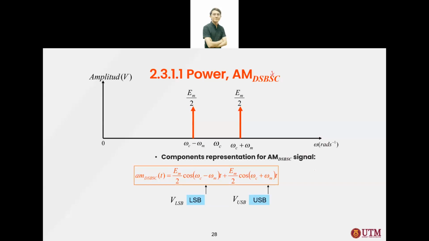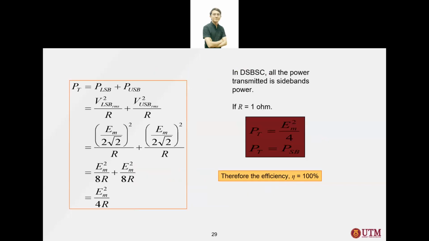So for AM DSBSC you get this value, and then to calculate the power, PT with PC equals 0 because we suppress the carrier. So we end up with VLSB RMS and VUSB RMS, just like in the double sideband full carrier, but you only have the double sideband component. So Em squared over 4R.